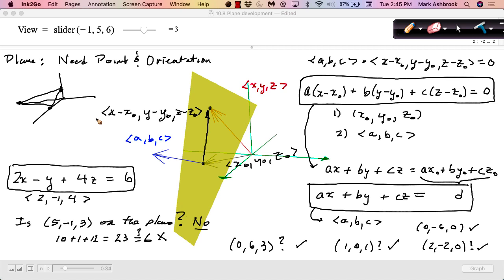Does the orthogonal vector stay the same? Yeah, because the orthogonal vector is these coefficients. So if I keep the orthogonal vector the same and change that number, you're just moving the plane out without tweaking it. It's not going to change its orientation, it's just going to move.